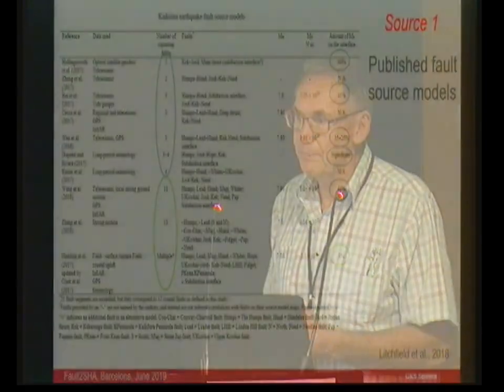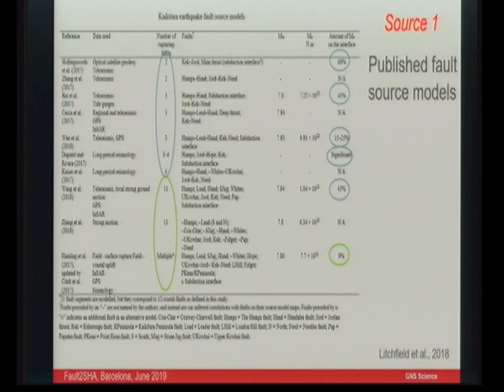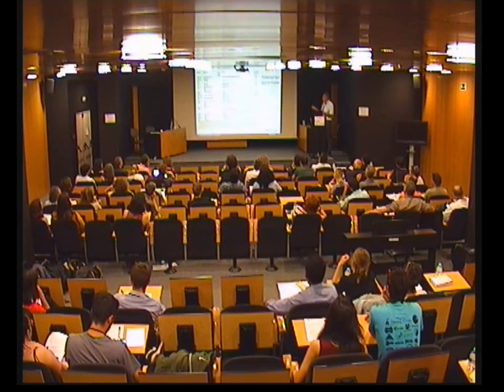So yes, there was some obliquity in the USGS source, and immediately people picked up, oh, there must be subduction involved. So in this column here, of these solutions, here's the percentage of the moment that was supposed to be released on the interface in this earthquake.